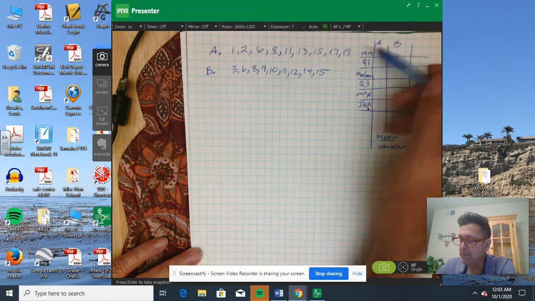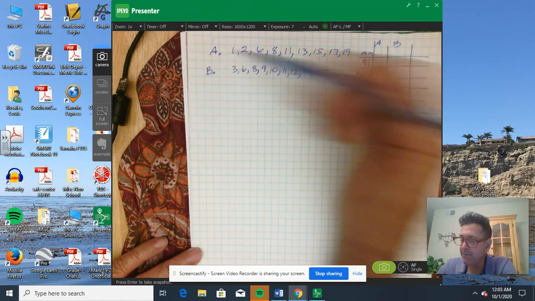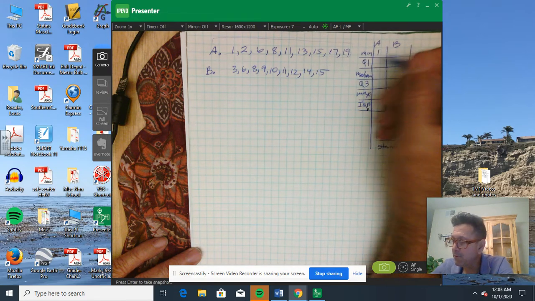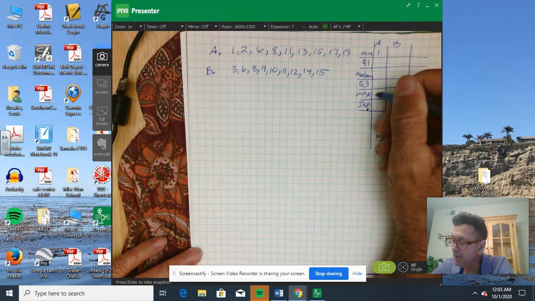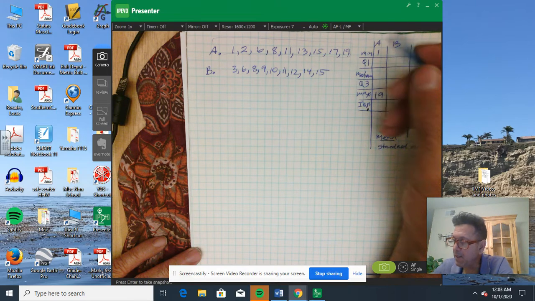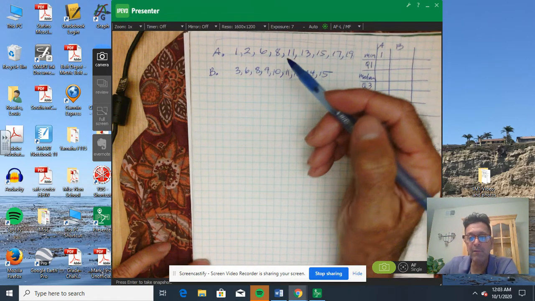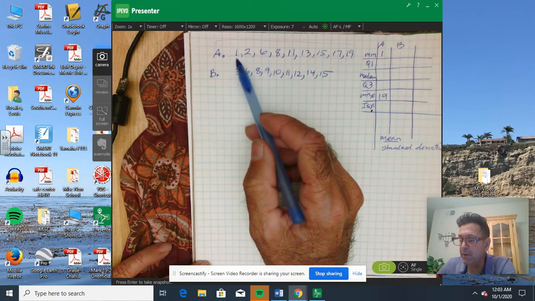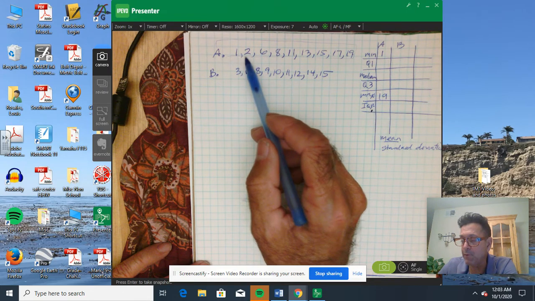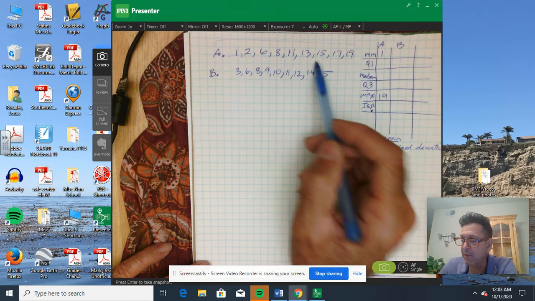If we look at this first data set A, the minimum is 1, the maximum is 19, and then we find the median by finding the middle value. There are 9 values here: 1, 2, 3, 4, 5, 6, 7, 8, 9.